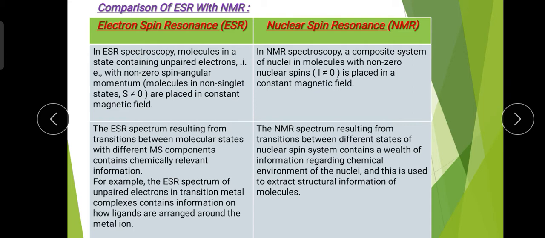For example, the ESR spectrum of unpaired electrons in transition metal complexes contains information on how ligands are arranged around the metal ion.